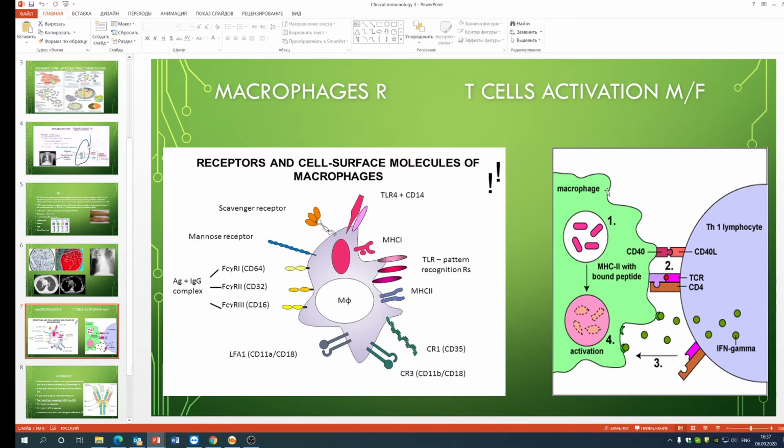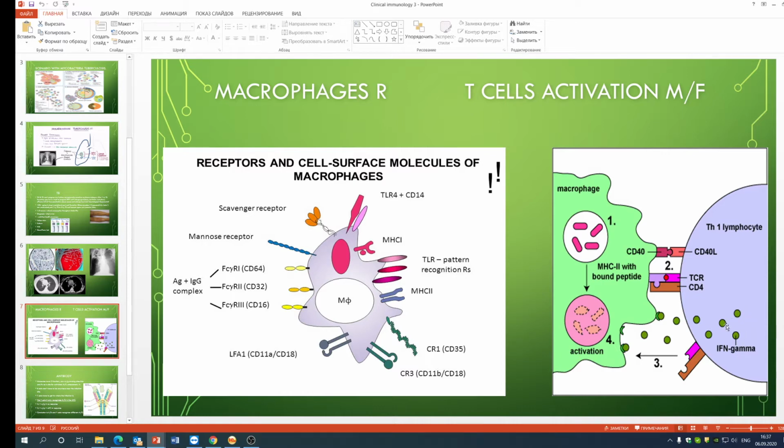In T cell activation of macrophages, an important role is played through the CD4 receptor and its ligands on lymphocytes, resulting in a junction between the two, forming an activated T lymphocyte producing interferon gamma.